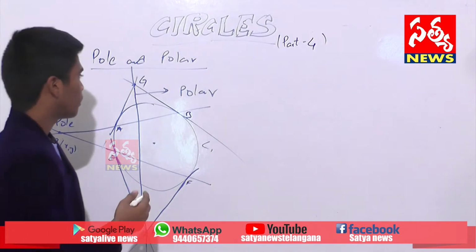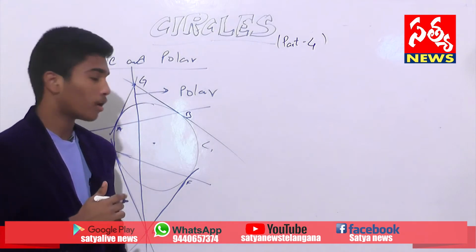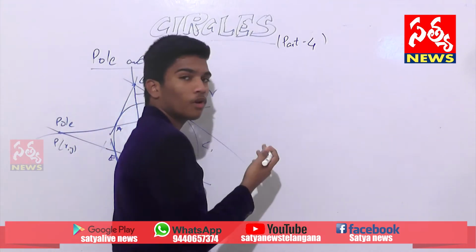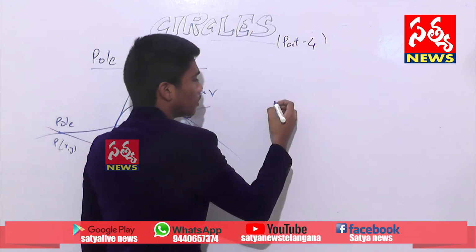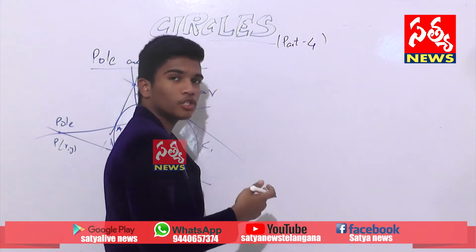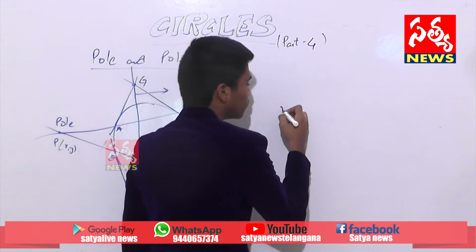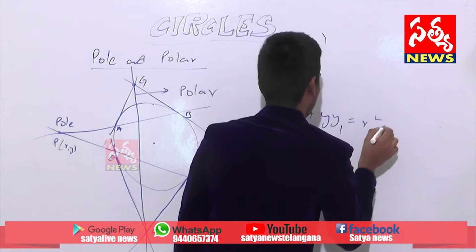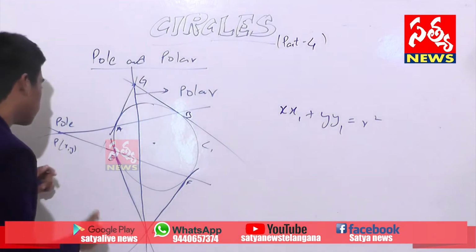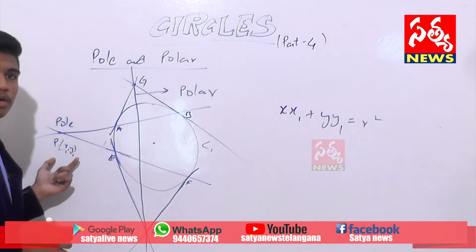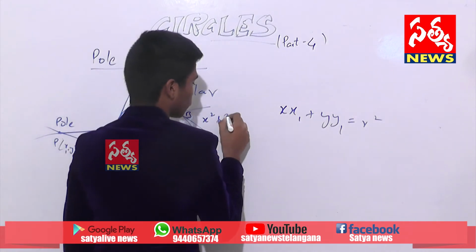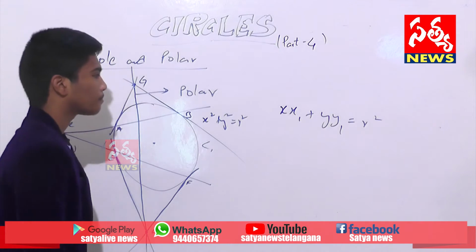Now, the equation for pole and polar of the circle, which I have said before in the third part, is the same as the equation of tangent to the circle, that is xx1 plus yy1 equals r square, where x1 and y1 are the coordinates of point P and the equation of circle is x square plus y square equals r square.